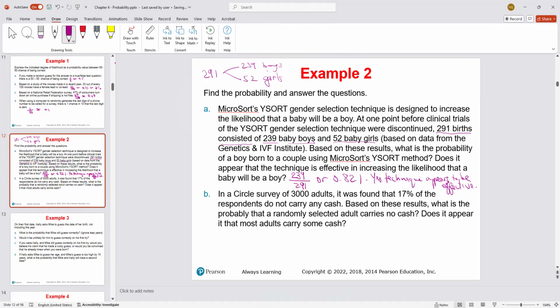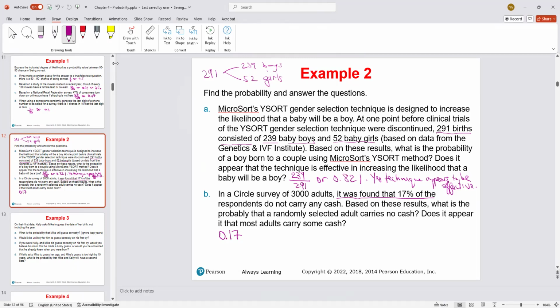It was 17% of them. If they wanted to know how many people, you would take the 3,000 and multiply by 0.17. But here, they already give you the probability, 0.17. You don't need to divide or do any multiplication in this case.